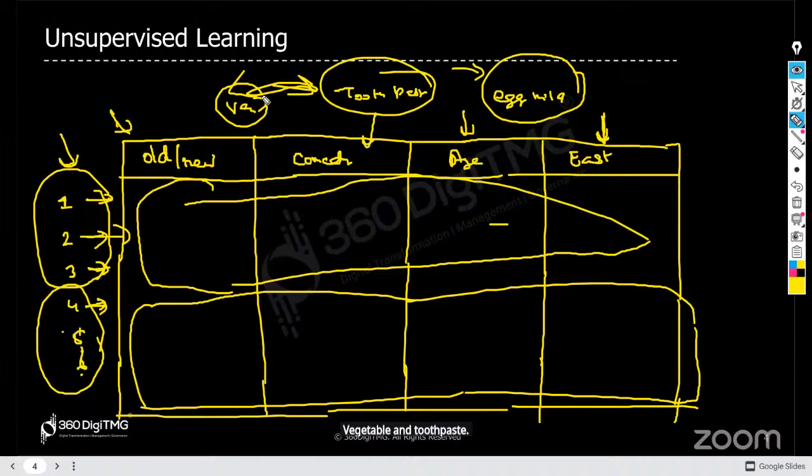So according to the similarity, we will cluster the data. For that, we will go with an unsupervised ML model. Whenever we have to deal with clustering of data, we will go with an unsupervised machine learning model.